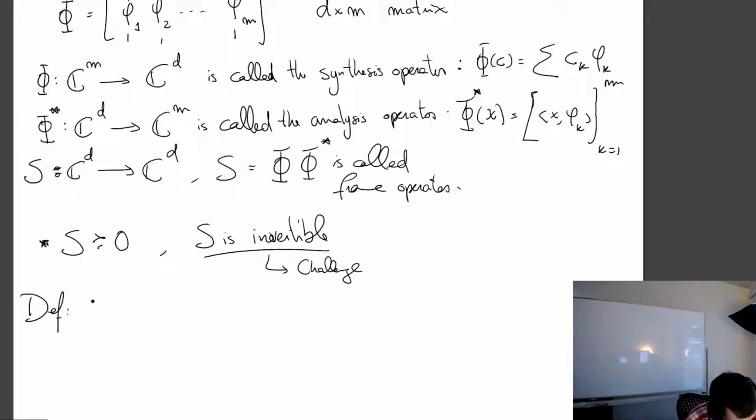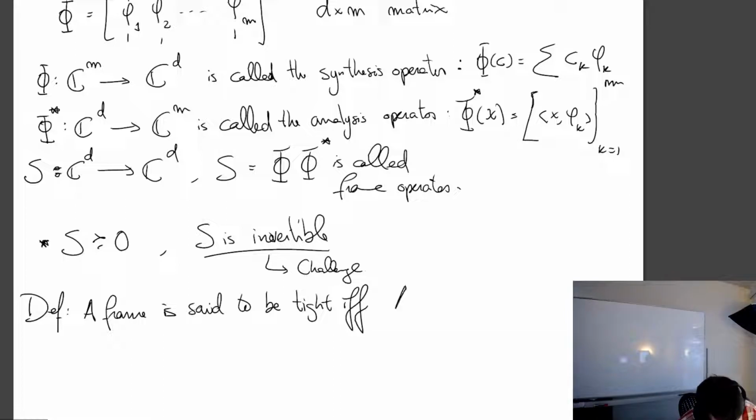A frame is said to be tight if and only if A equals B. The frame bounds are exact. So a frame is tight if the Parseval equality is an equality, or maybe up to a constant, like maybe A and B are not one, but the same constant, the L2 norm of the vector is the same as the L2 norm of the representation.